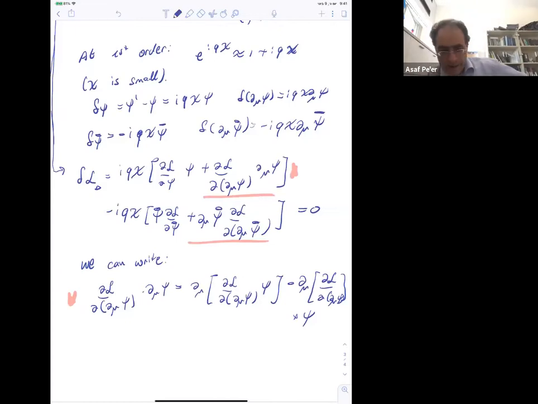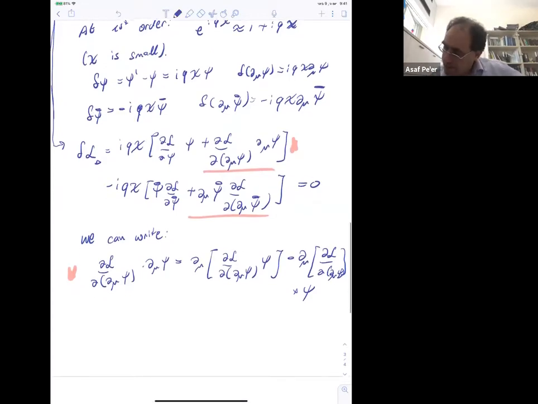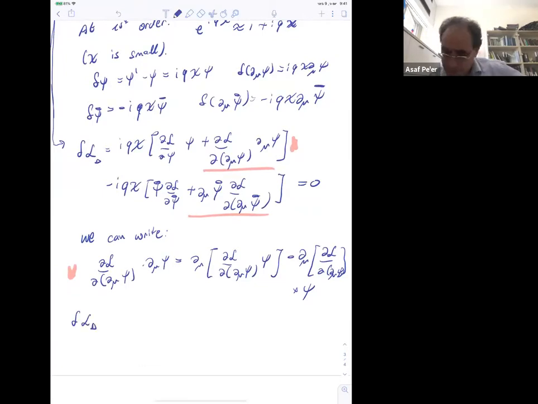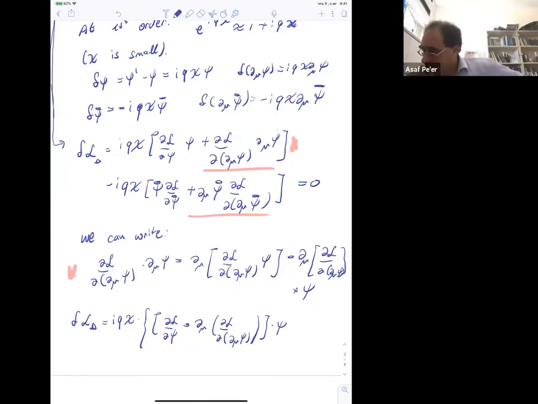So I plug it in, and I find that the change in the Lagrangian is i q chi, and then the first term is just dL over d psi times psi, now I take it outside of the parenthesis, minus the last term, so minus d_mu of dL over d(d_mu psi), all of that multiplied by psi. So I took terms number 1 and 2.